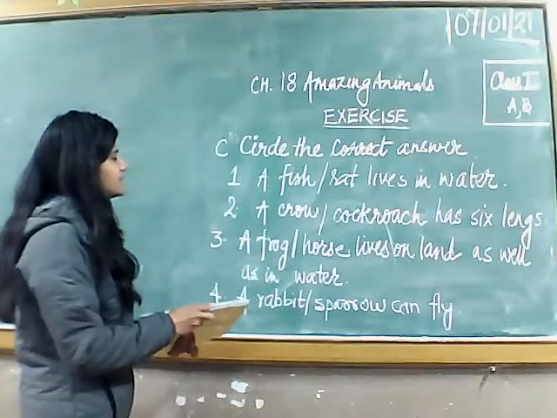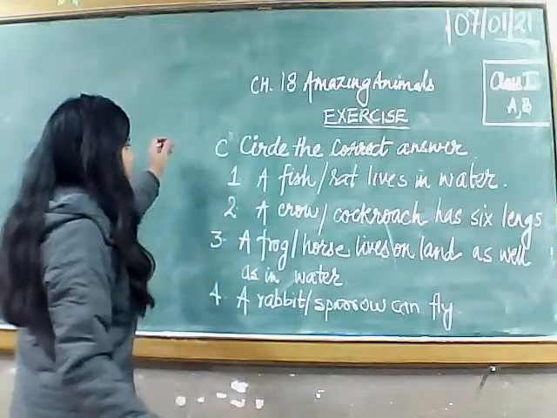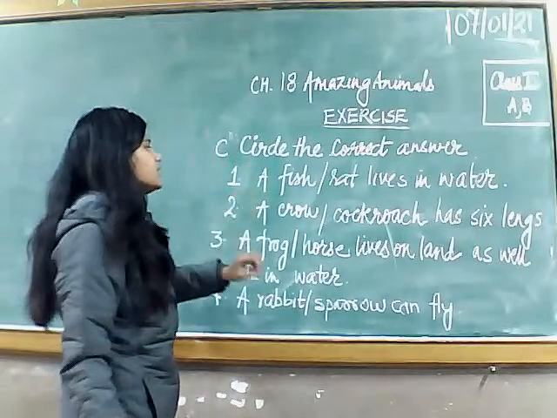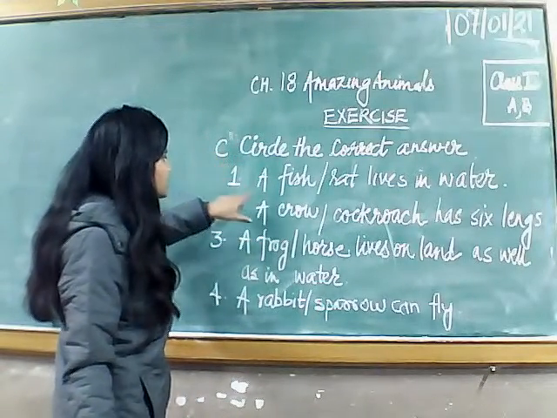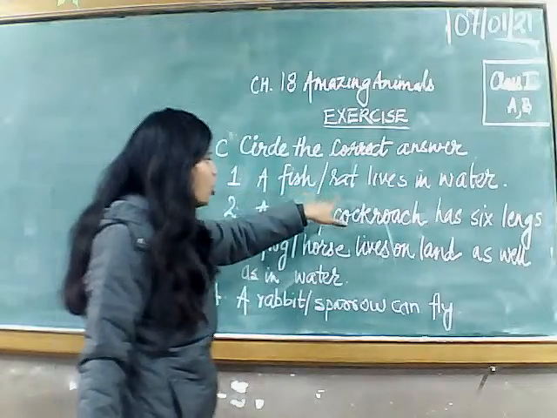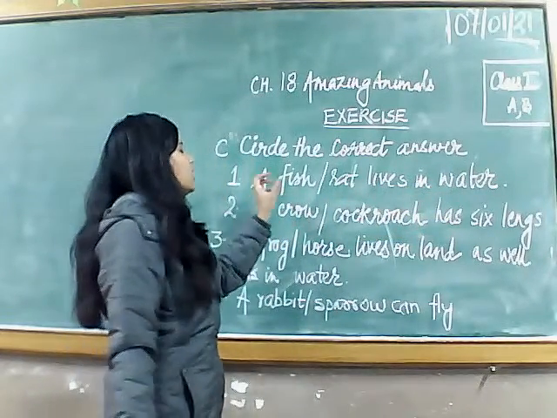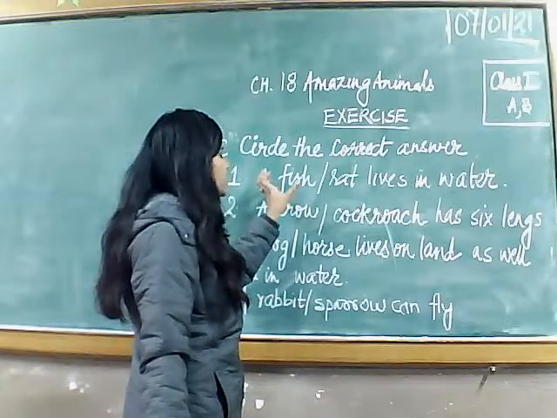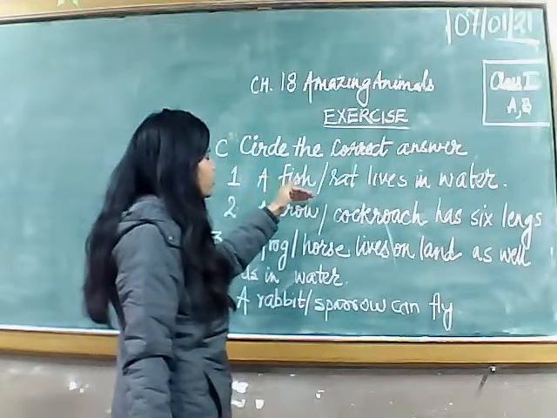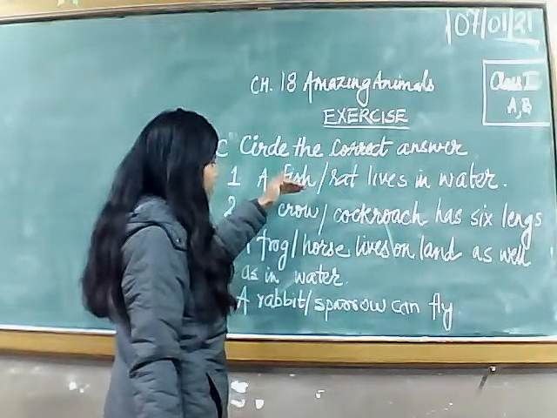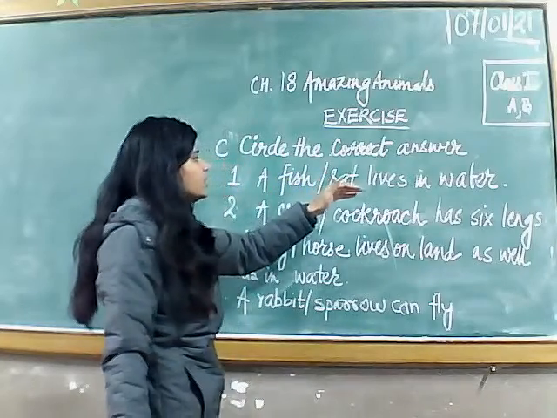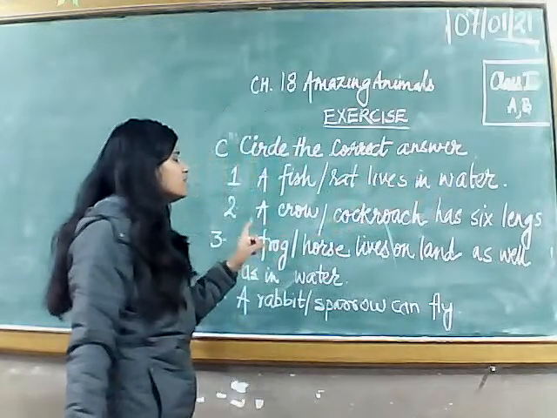So children, let us discuss these. You have to circle the correct answer, children. So the first is a fish or rat lives in water. Please tell me which one of the two, either fish or rat, lives in water.